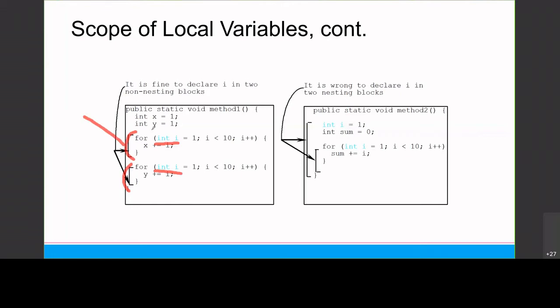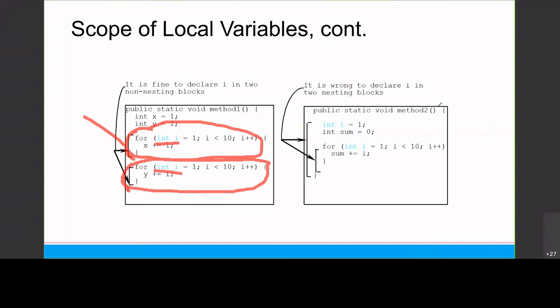After this for loop finishes, the I can be deleted. This is from the context in programming. So you can define another I because the I is in a different scope.